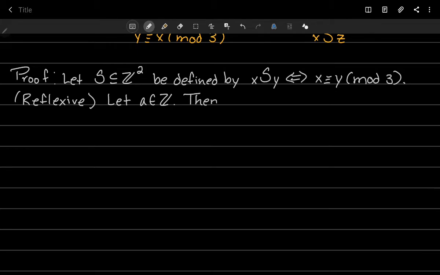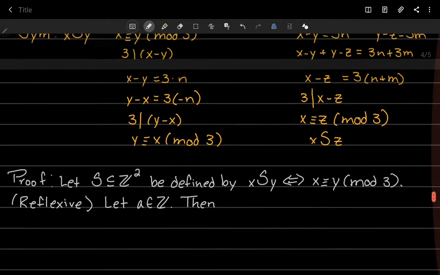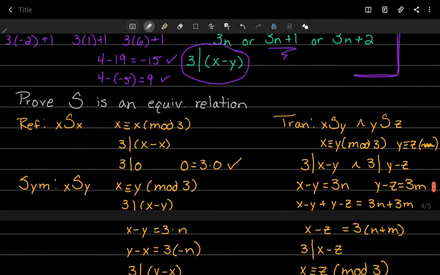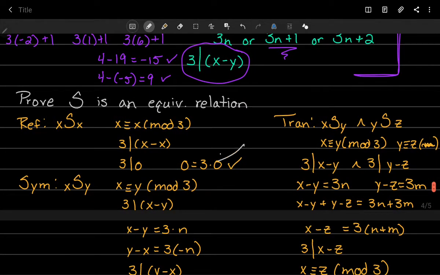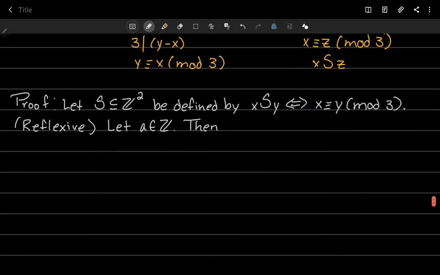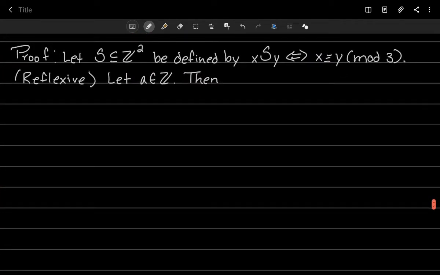Then, now I'm going back to my scratch work. I am going to start with what I know is true and then work my way up to get to reflexive. So that's what I'm doing here, I'm working backwards. Then 0 equals a times 0 is obviously true.